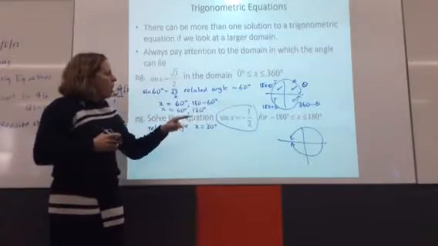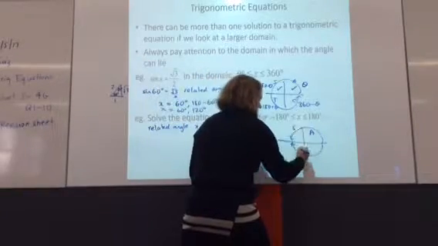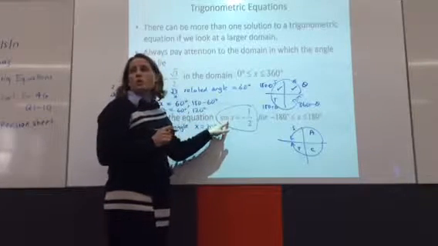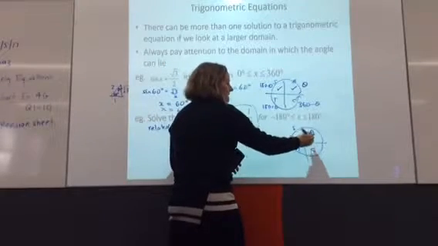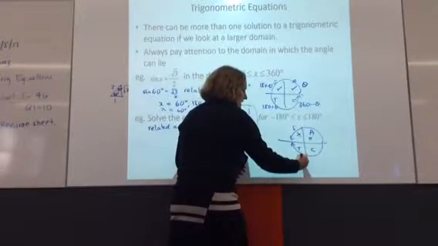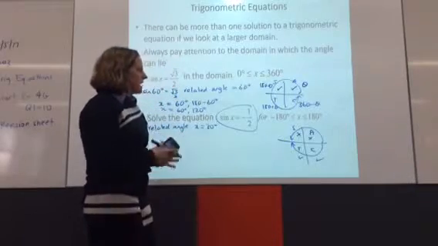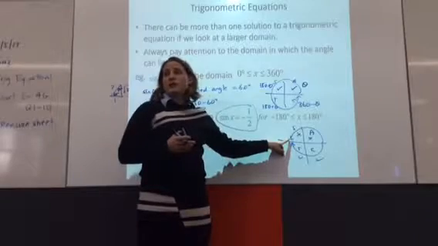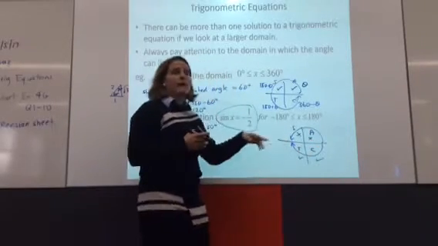Now, I want my answer to be negative. And I've got sine, so I'm looking for the two quadrants where sine is negative. So it can't be this one, it can't be this one, it has to be this one and this one. Okay? Now, when I go from 0 to 180, I'm talking about positive angles, but when I go between 0 and minus 180, I'm talking about negative angles.